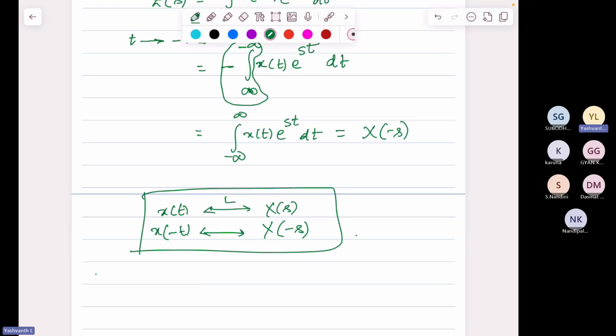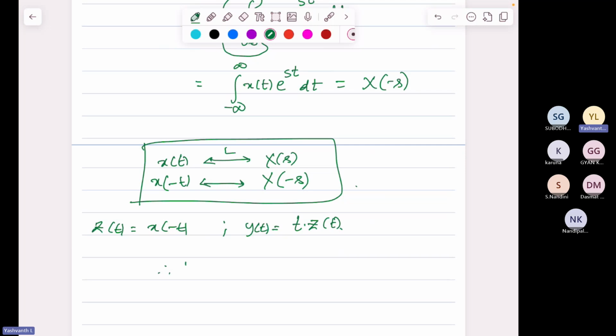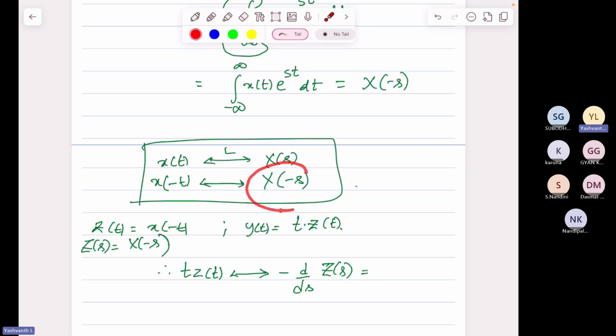Fine. Now z of t is x of minus t. Define y of t equal to t into z of t. Therefore, by property of Laplace transform, t into z of t will have the Laplace transform minus d by ds of z of s. But z of s is nothing but x of minus s, because we know that z of t is x of minus t, whose Laplace transform is x of minus s.